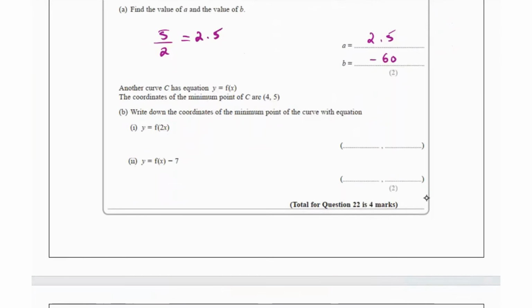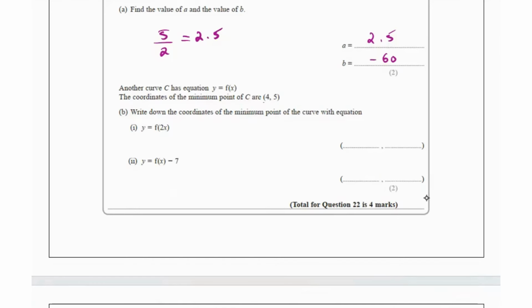Then another curve C has equation y equals f of x. The coordinates of the minimum point of C are (4, 5). Write down the coordinates of the minimum point of the curve with equation y equals f of 2x. So again, transformation of curves. If something is being directly multiplied to x, that means you will divide the x coordinate by that value.